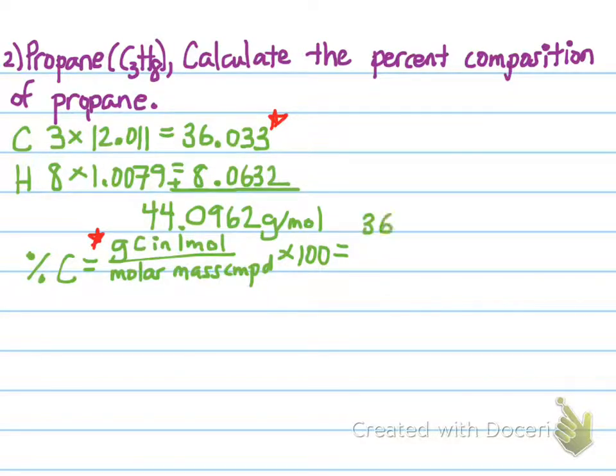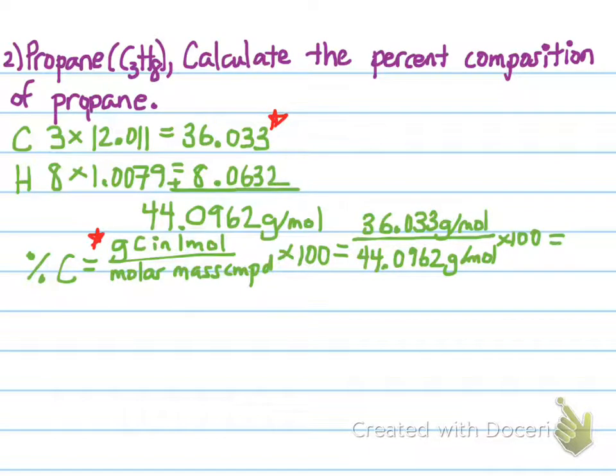So that's 36.033 divided by my molar mass, which was the 44.062, times 100. Okay. And again, I would just suggest using 1 decimal place for my answer. So you should get about 81.8% carbon.